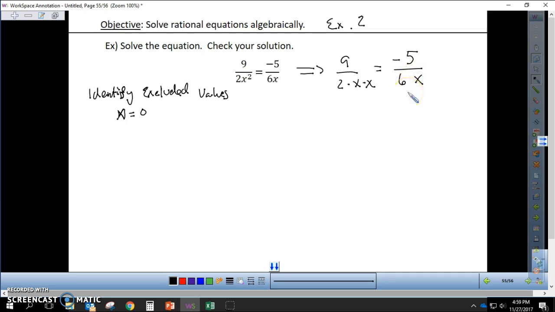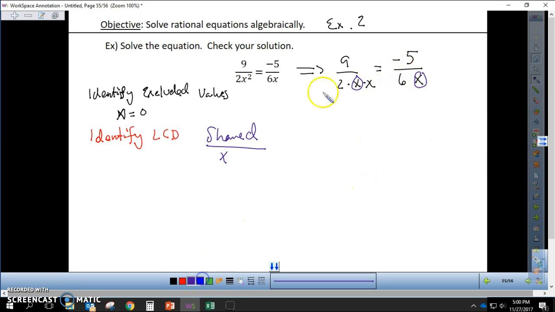Okay, so the next thing that we need to do is identify the lowest common denominator, and we do this by identifying which factors are shared, so which ones appear more than once. Which ones are shared? That would be an x. So I have one x that's taken up.